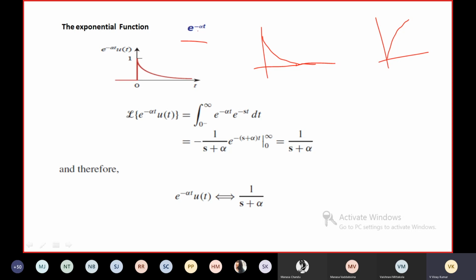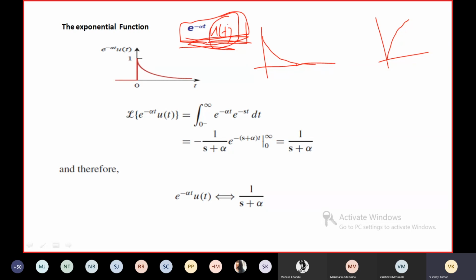Here, actually, this is the exponential function e power minus alpha t into u of t. It means this is defined only for positive values of time. For t greater than 0, the value of u of t must be equal to 1.